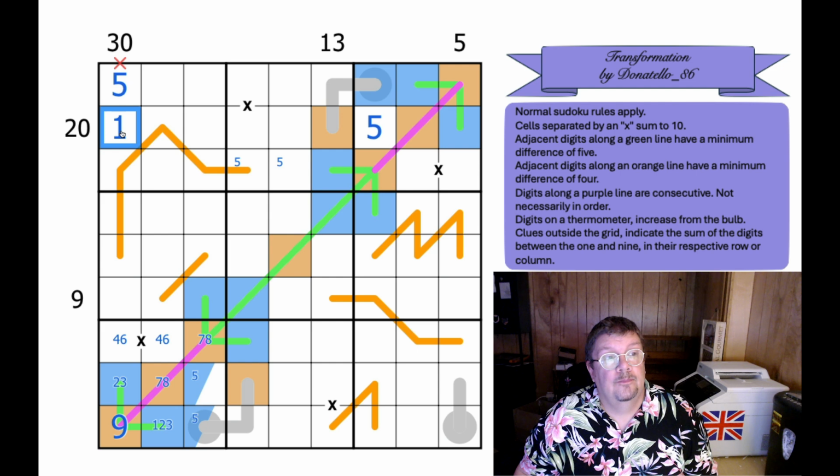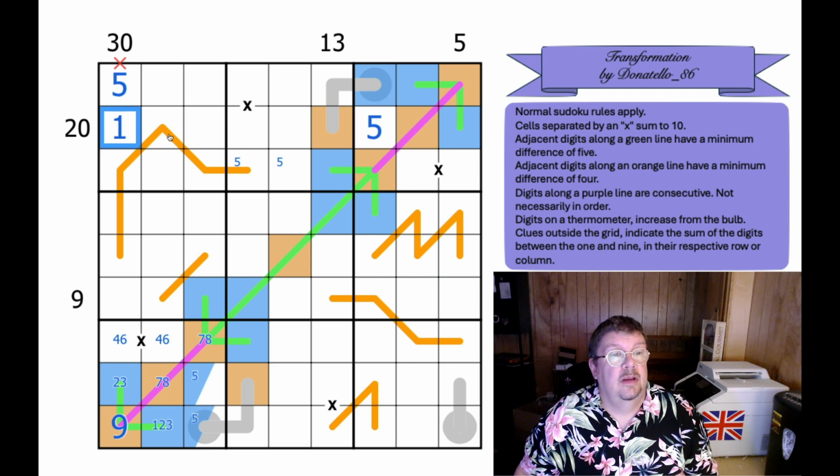But 3 digits, the only way to do that without a 9 would be 7, 8 and 5, which would be 20, but I have a 5 in the row, so it can't be 3 digits.